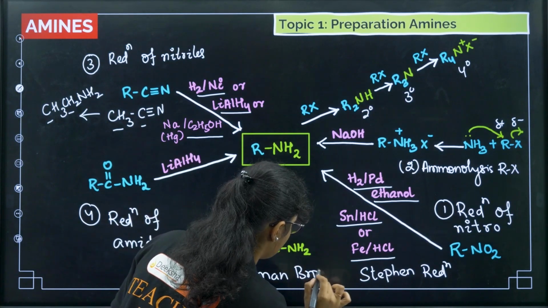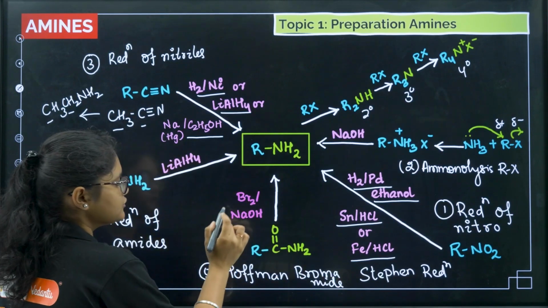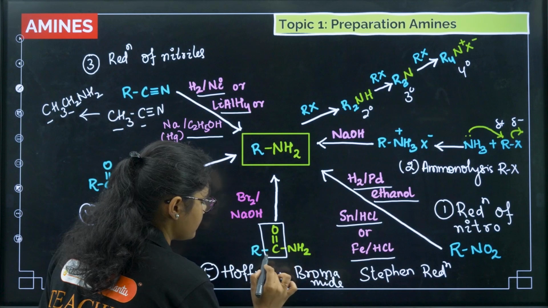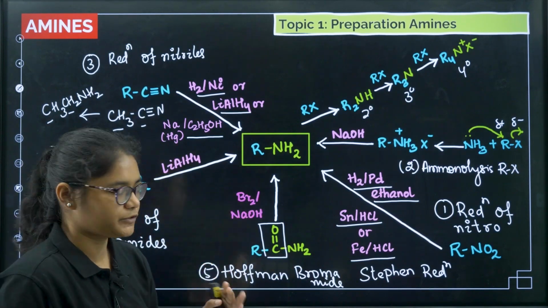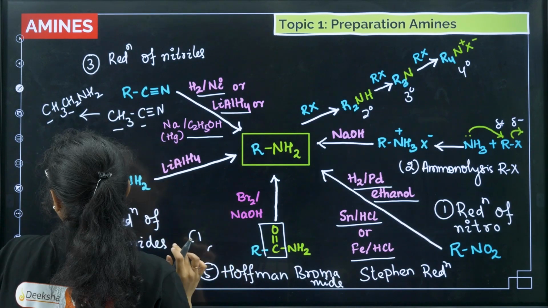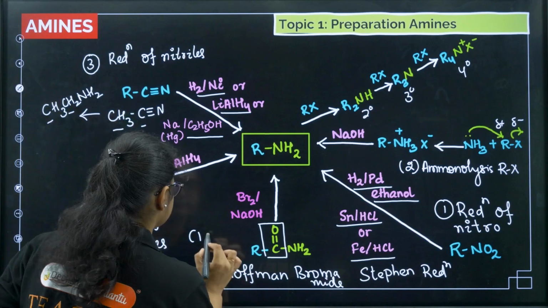Here, the CO group is removed and we get RNH2. So what is the speciality? We get one carbon less. The product formed here is one carbon less.